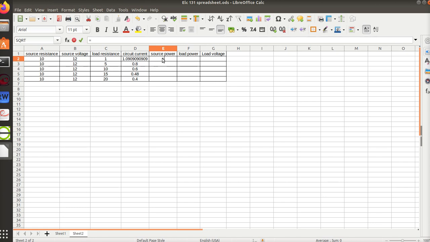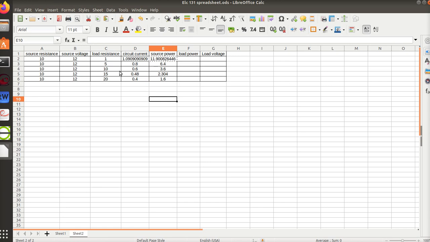So that's equal to I squared, which is D2 times D2 times the source resistance, which is A2. And so there's my source power. And I can copy, Control C, and paste, Control V.